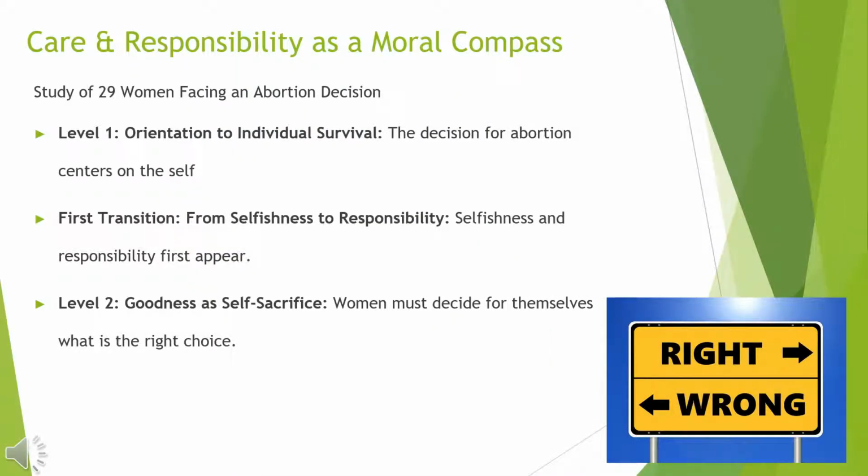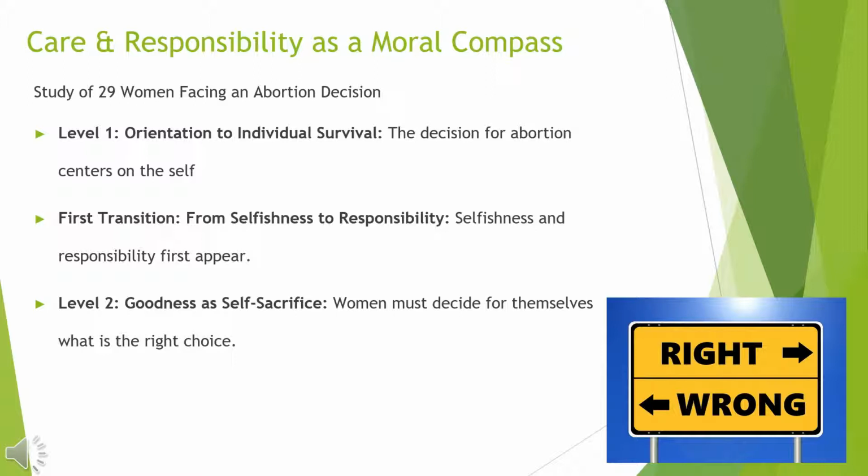So then, when discussing care and responsibility as a moral compass, in the study of 29 women facing a moral dilemma, as done by Gilligan, here are the levels based on the dilemma. Level 1, orientation to individual survival. The decision for abortion centers on the self. There is no right decision to be made when it came to one woman's abortion decision because she did not want to be pregnant.